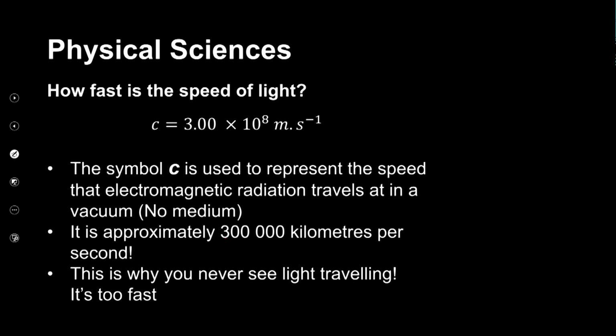We've already said that c is the symbol for the speed of light. But if we convert it from meters per second to kilometers per second, we can see that it's a huge amount: 300,000 kilometers per second. Significantly faster than you would go on the highway even. Significantly faster than any of us will ever go. This is why you'll never see light traveling. It's just too fast.